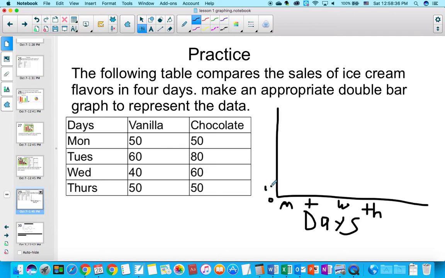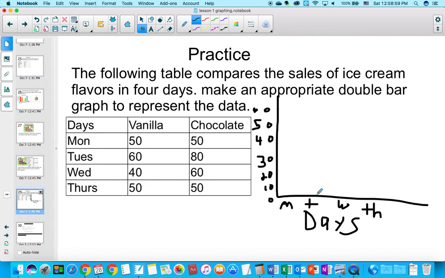So we have 10, 20, 30, 40, 50, 60, and I won't be able to make my whole graph because I don't have enough space, but we won't do the 81.